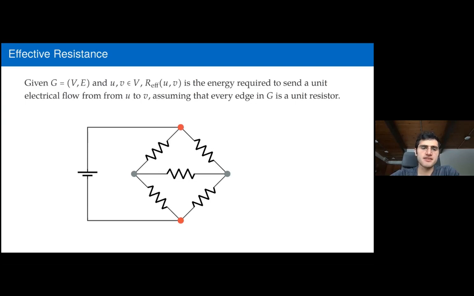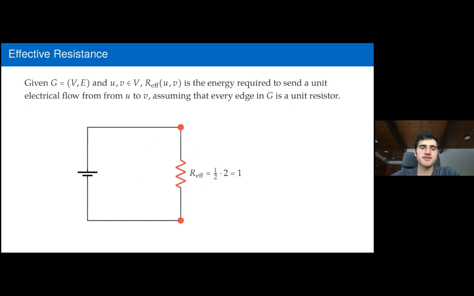In this example, by some application of series and parallel laws, you can see that the effective resistance between U and V is 1. To put it another way, you can basically replace the whole graph with this single resistor and obtain something that behaves the same.